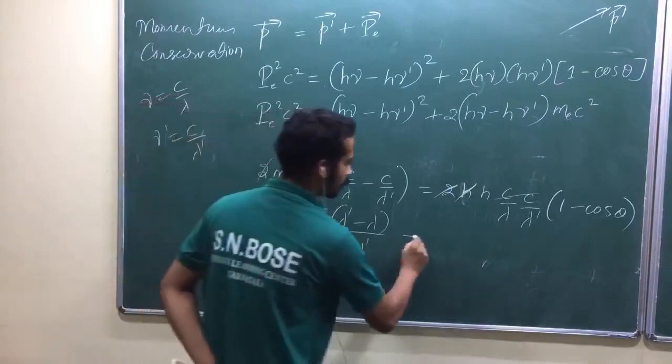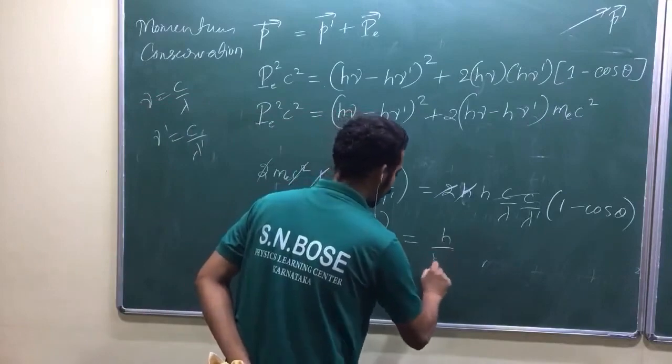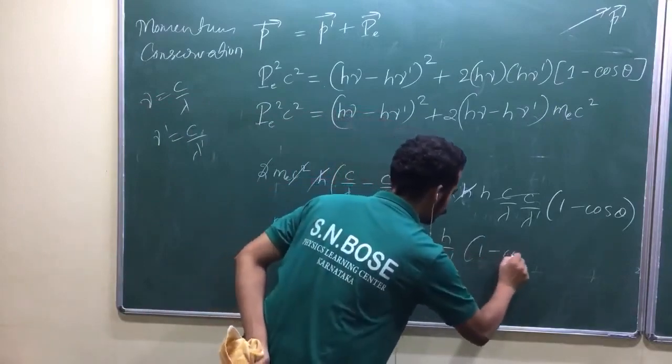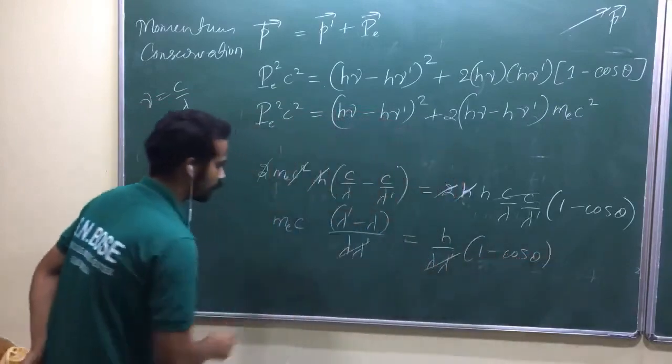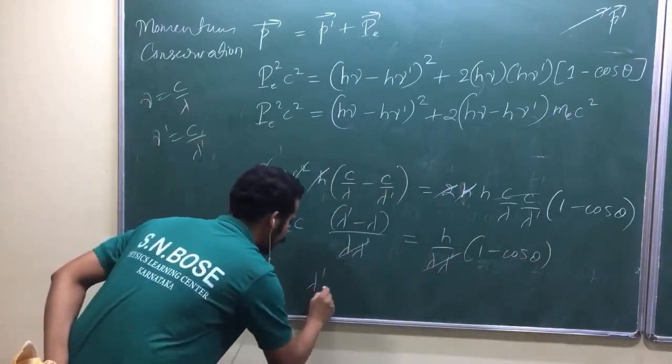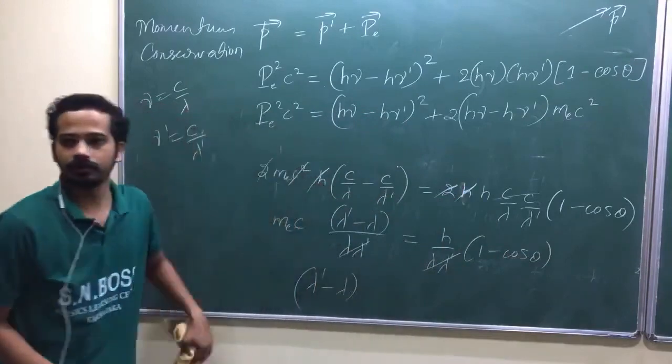That's equal to h by lambda prime into 1 minus cos theta. Now this got cancelled. Lambda prime minus lambda, we call this the Compton shift.